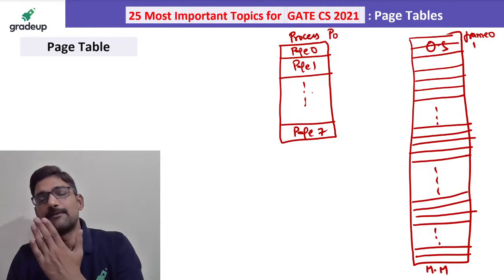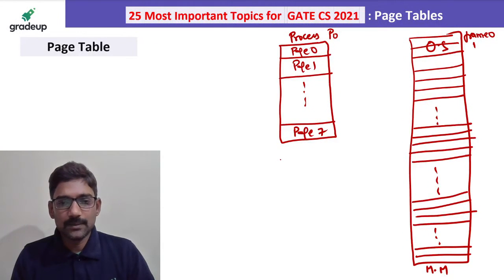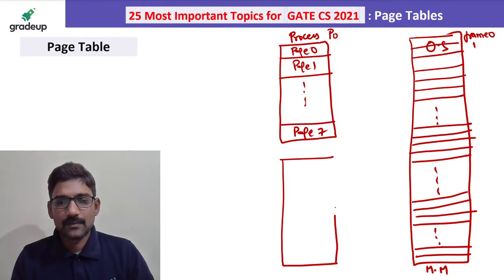Which page is stored in which frame number? We are maintaining the page table. Fine. So this is the page table.